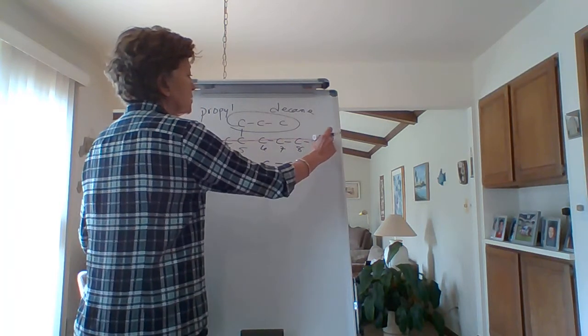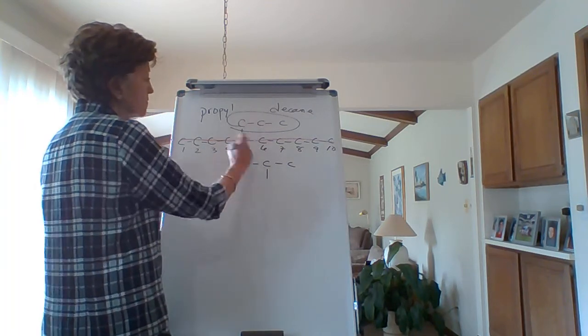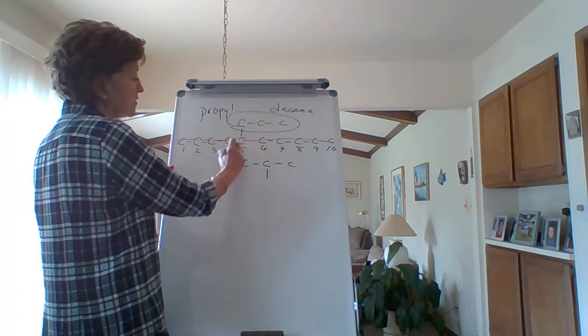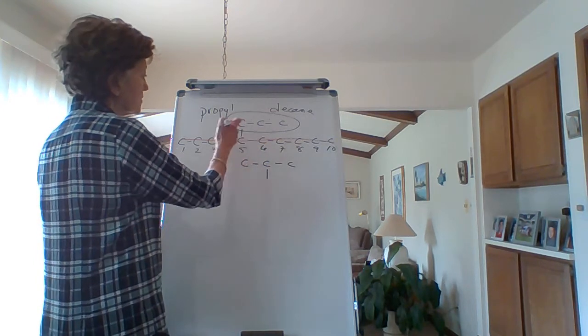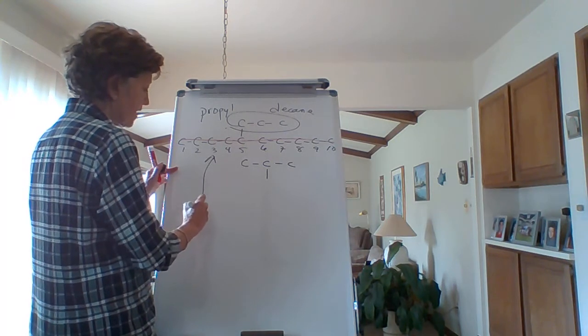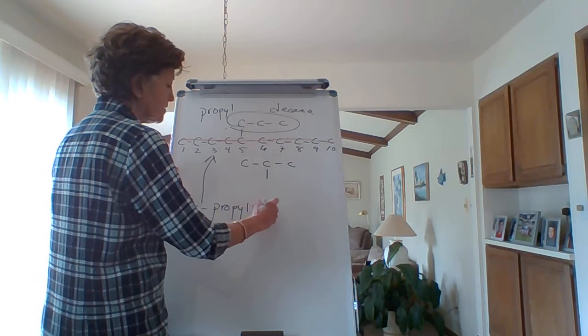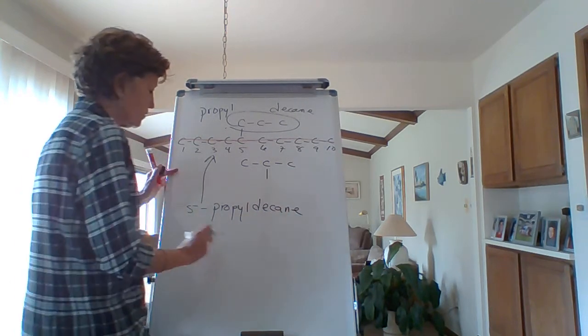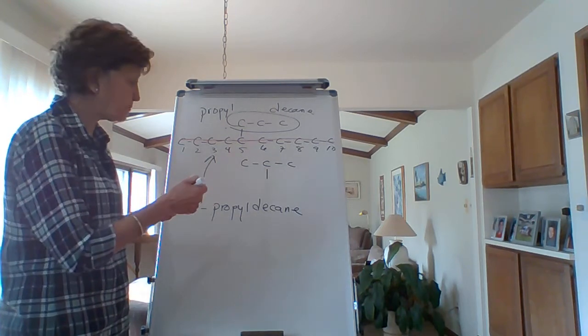The other way, it would be 1, 2, 3, 4, 5, 6. So numbering it left to right makes this a 5. It's a lower number than 6. So this one over here is called 5-propyldecane, all one word. Notice the dash between the number and the letter.